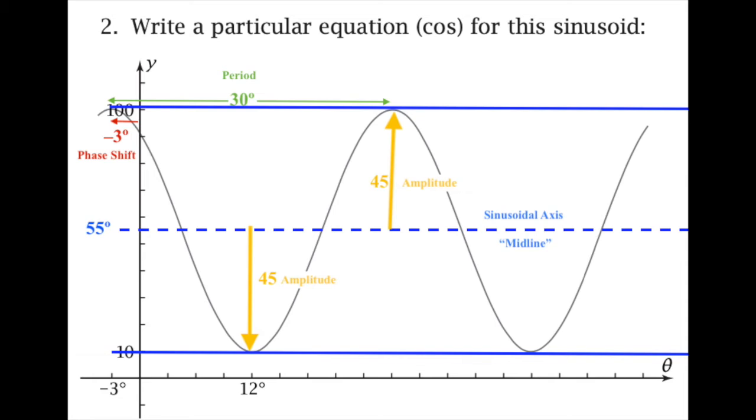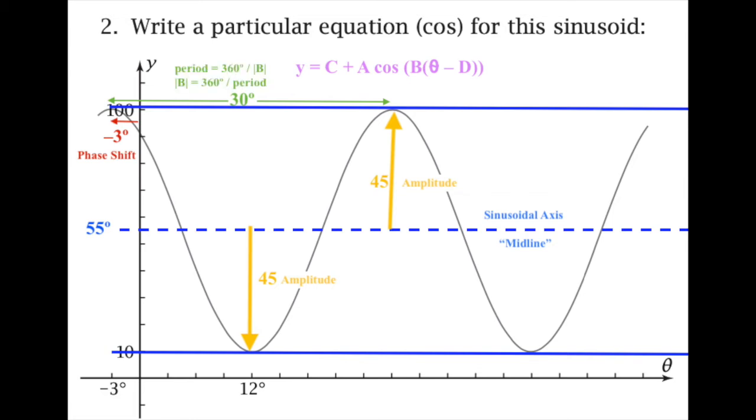Now, those are the numbers that go into the equation. The form of the equation is y is equal to c plus a cosine of b times the quantity theta minus d. Different books use different letters, but the form is always the same. The only one here that's tricky at all has to do with the period.